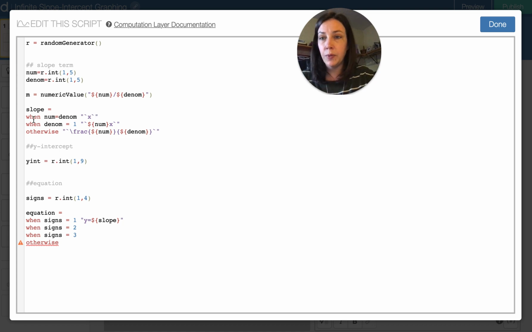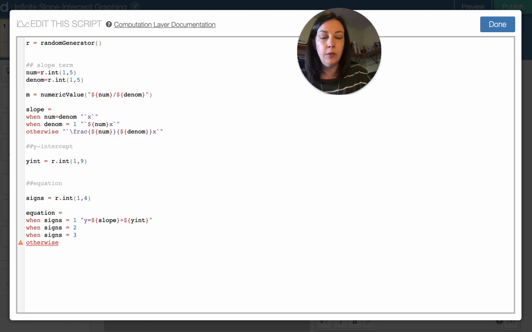Whatever slope is, it will either be x or just the numerator in x. Ooh, I forgot it here. Do you see that? x. That was close. Anyway, x is already there. I don't need to put it in. Then it will be plus the y-intercept. So weird notation, y-intercept.